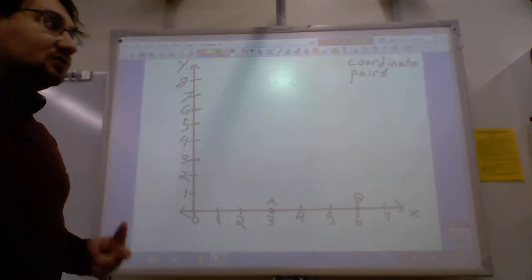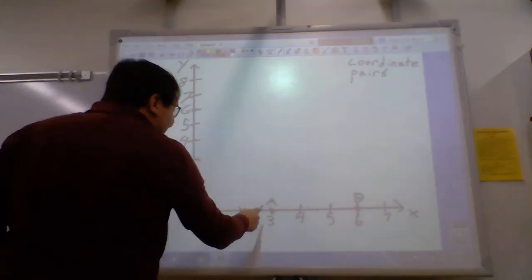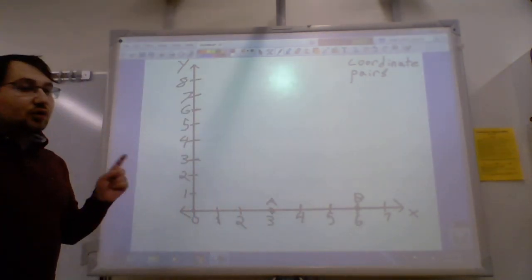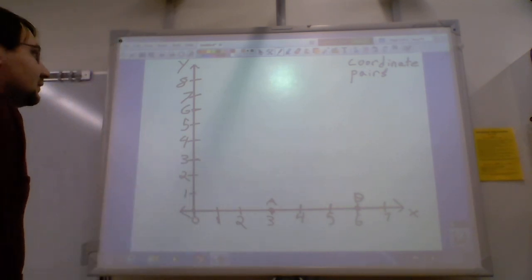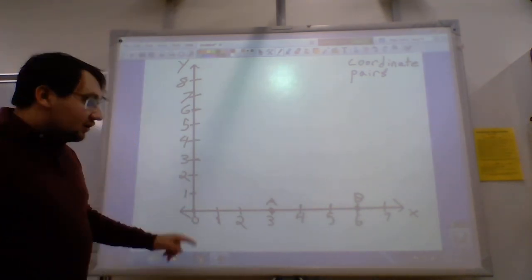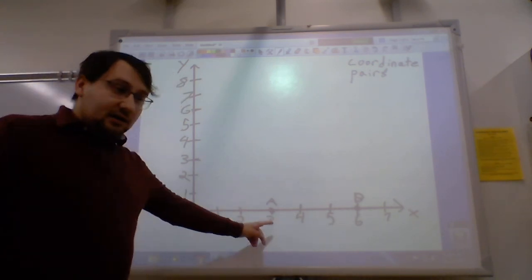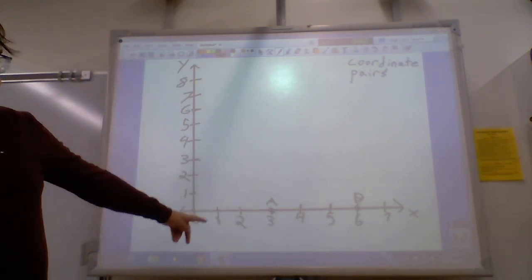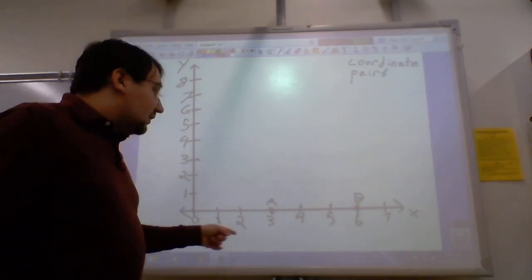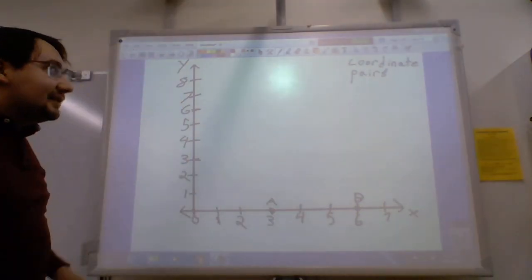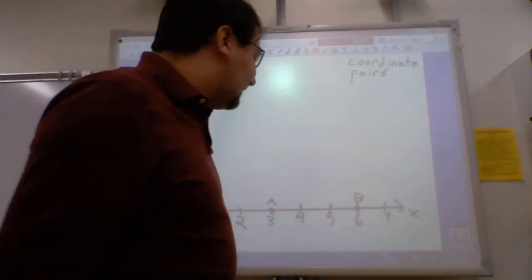When we have two, we could start talking about a single point having more than one coordinate, and we could talk about their coordinate pairs. So, the coordinate pair for point A, we're always going to do this from now on, we're going to do line X and then line Y, and we're going to write it like this.